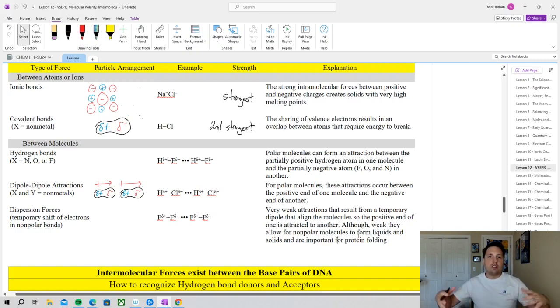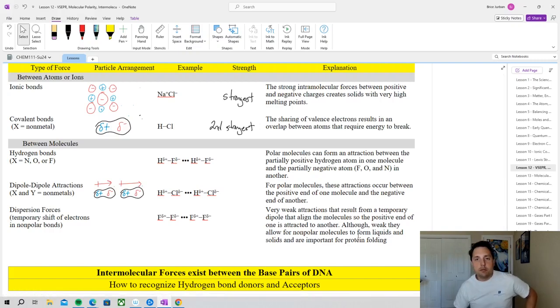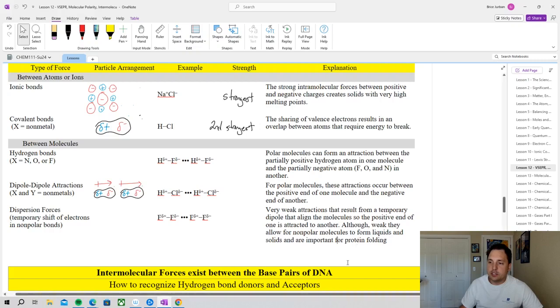So a protein is a very large molecule, a biomolecule, where there's lots of atoms in it. There's over 1,000 or 10,000, depending on how big the protein is. So there's going to be a lot of these dispersion forces that occur in the center of that molecule that fold it in a specific shape that give it its properties.